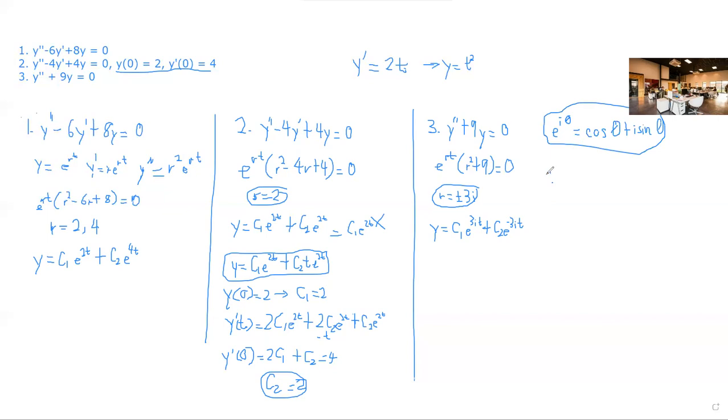So y is equal to e to the 3it, which is equal to cos 3t plus i sine of 3t.